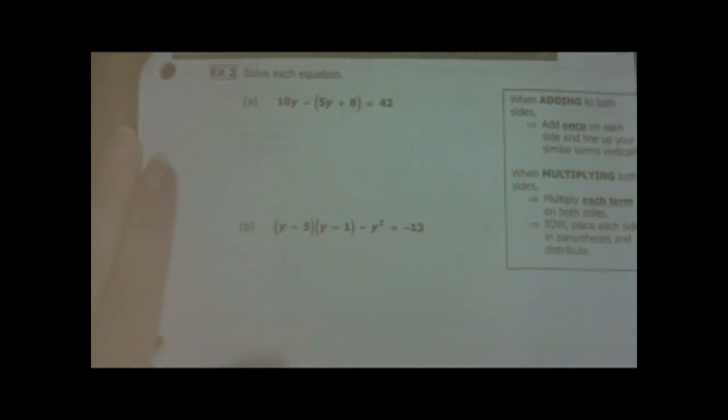All right, let's go to the next page. These are a little bit more complex. First of all, right here, what would you think we should do first? Distribute. Really, there's a negative 1 here. Distribute that. So this will give me 10y minus 5y minus 8 equals 42. What's my next step?